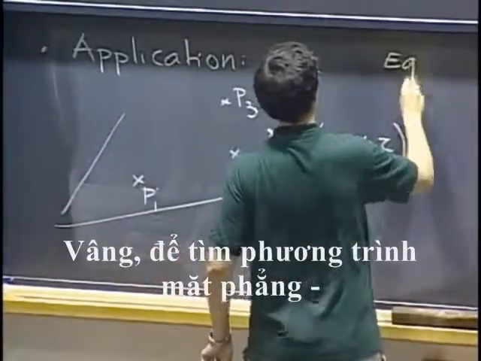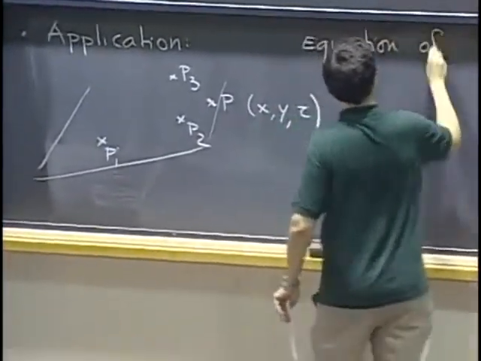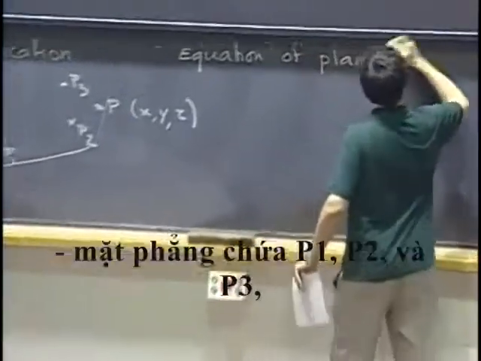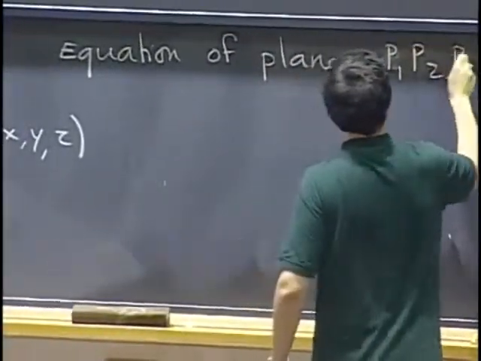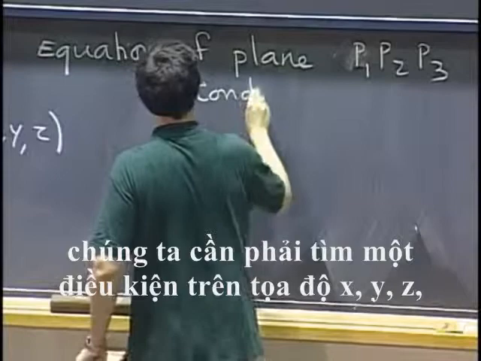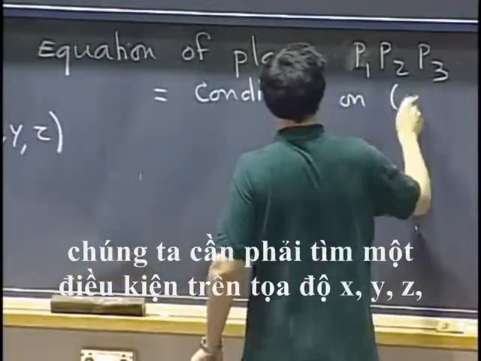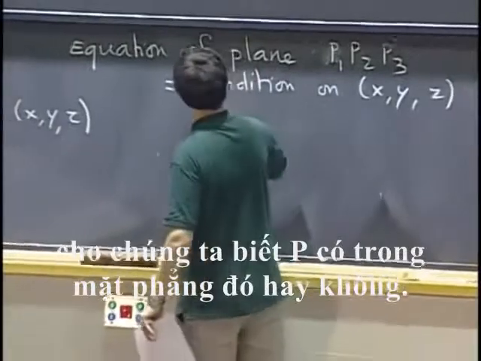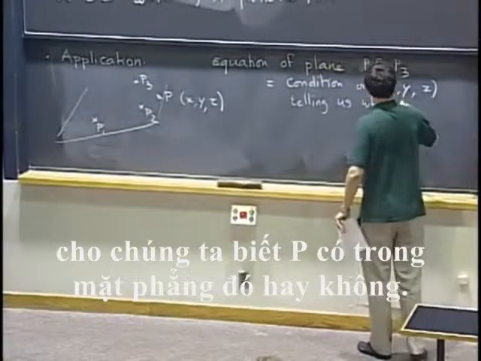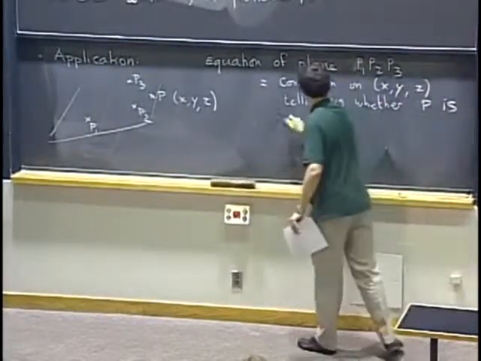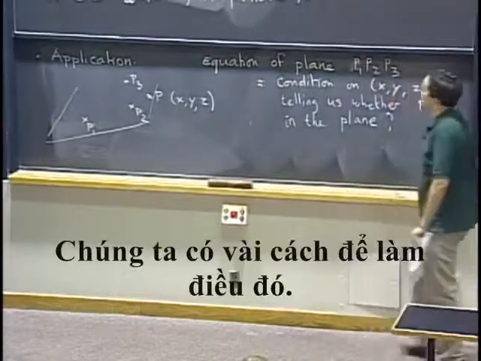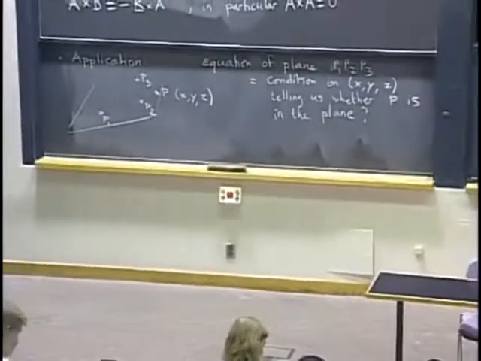Well, the equation of the plane, let's say the plane containing P1, P2, and P3, means we need to find a condition on the coordinates x, y, z telling us whether P is in the plane or not.